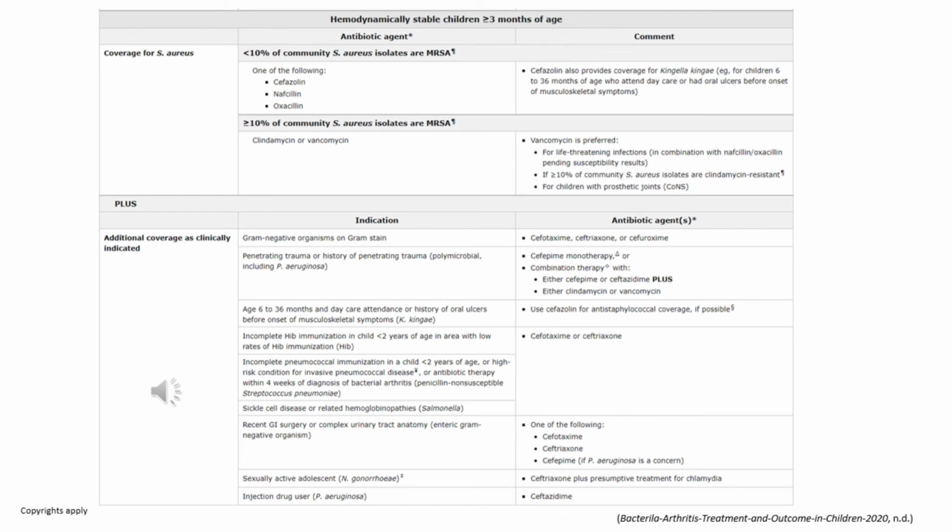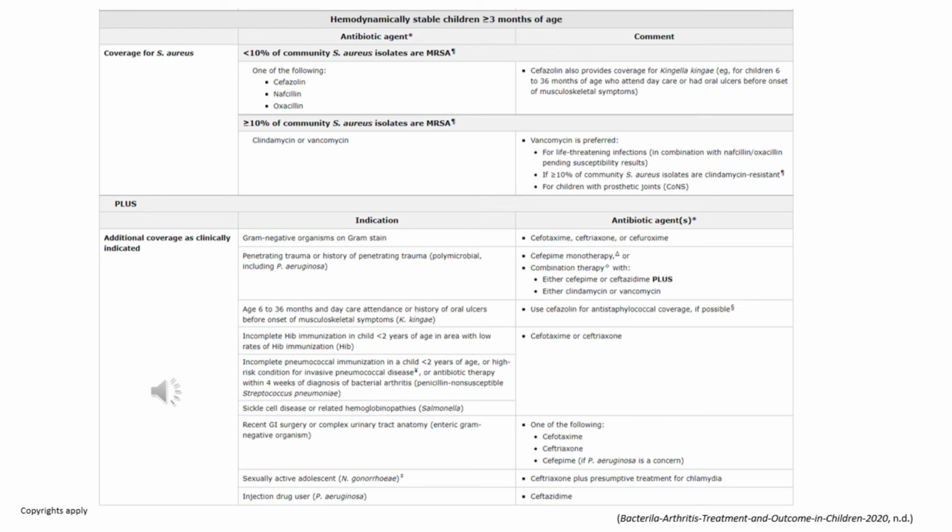For penetrating trauma or history of penetrating trauma, a polymicrobial infection including P. aeruginosa, the antibiotic agents are cefepime monotherapy or combination therapy with either cefepime or ceftazidime plus either clindamycin or vancomycin. For age 6 to 36 months and daycare attendance or history of oral ulcers before onset of musculoskeletal symptoms, Kingella kingae, use cefazolin for anti-staphylococcal coverage if possible.